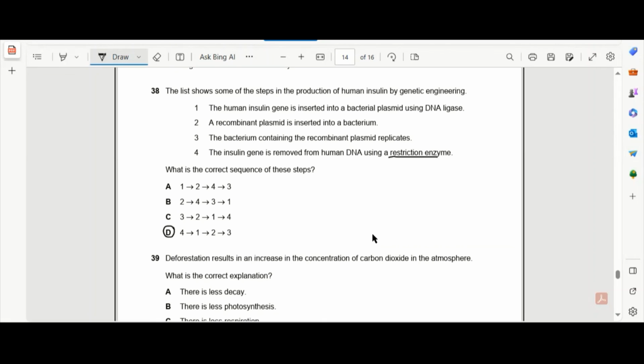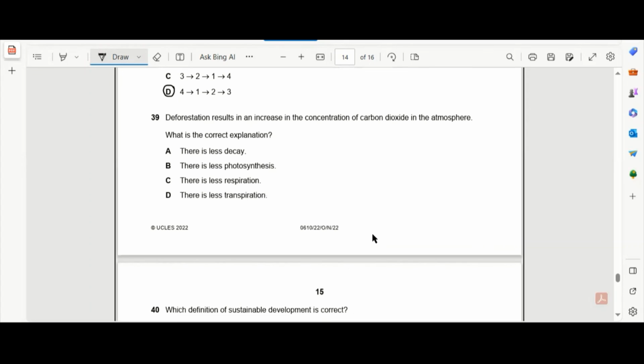Then the human insulin gene is inserted into the bacterial plasmid, and that is done by DNA ligase. The next step is the recombinant plasmid is inserted into the bacterium, and the last step is the bacterium containing the recombinant plasmid replicates. So 4, 1, 2, 3. D is the correct answer.